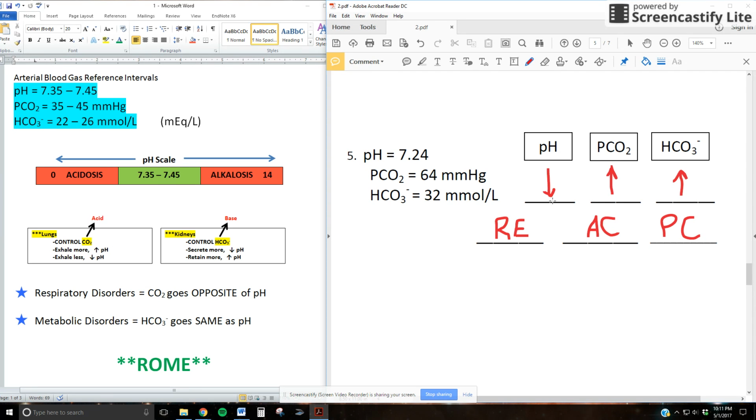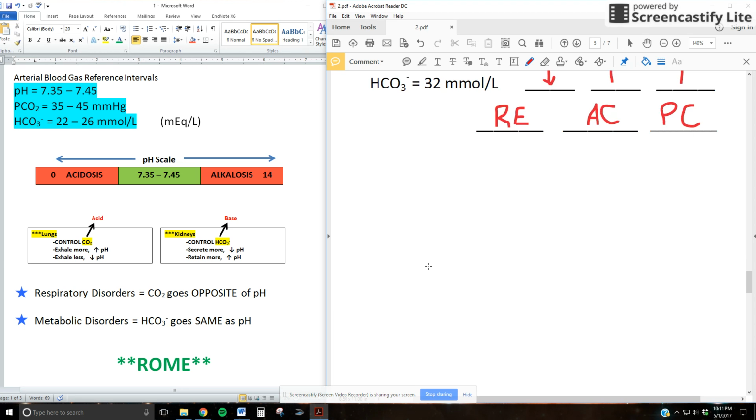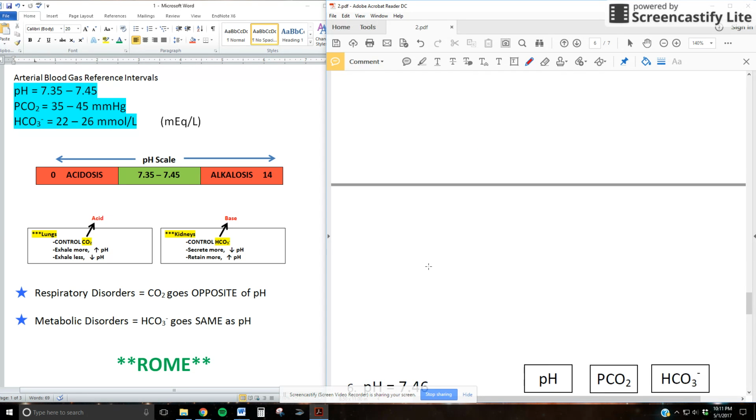It's going to make it acidic. And so the body is going to try and compensate with the kidneys by retaining more of the bicarbonate, that basic component, and trying to increase that pH. So it is partially compensated in that way.